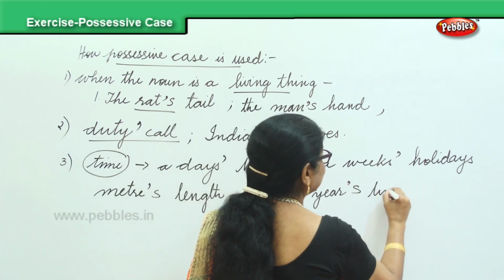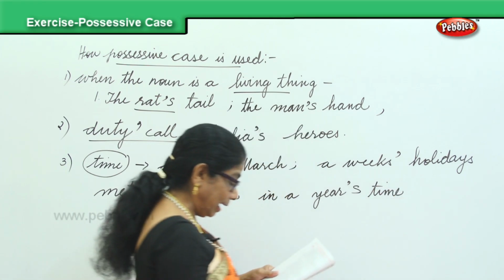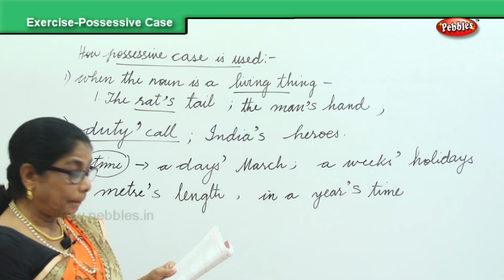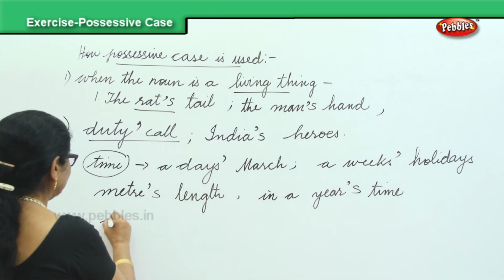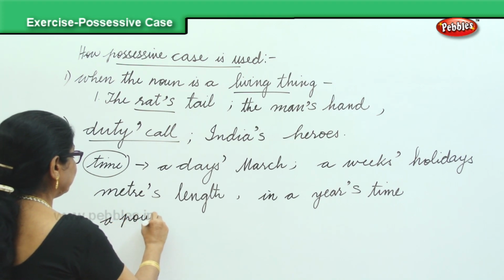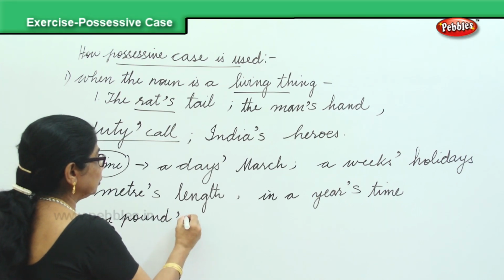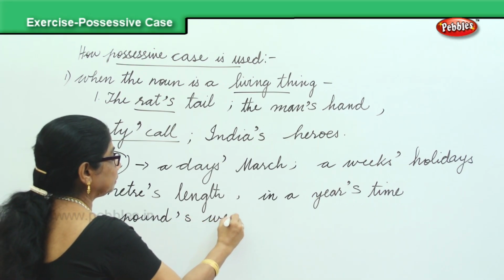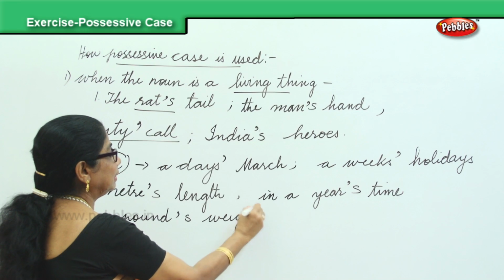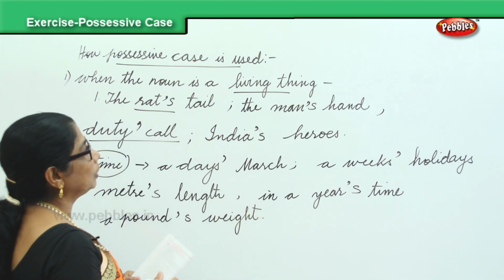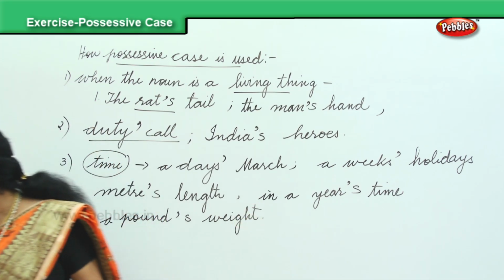Then we have a pound's weight. Put pound, apostrophe, weight. And these three are different from what we had done earlier.